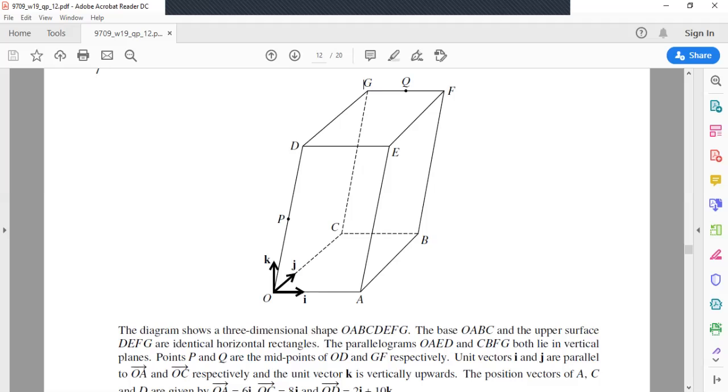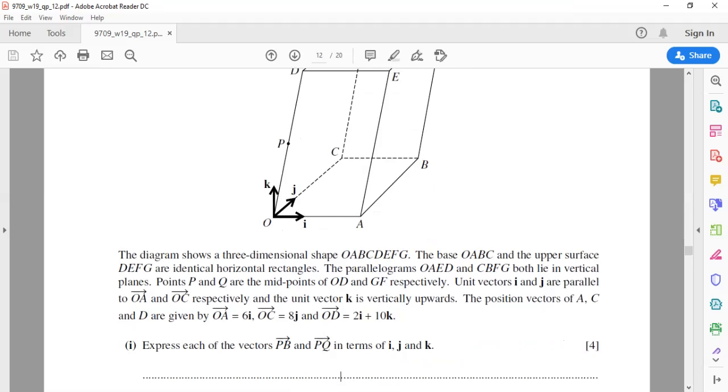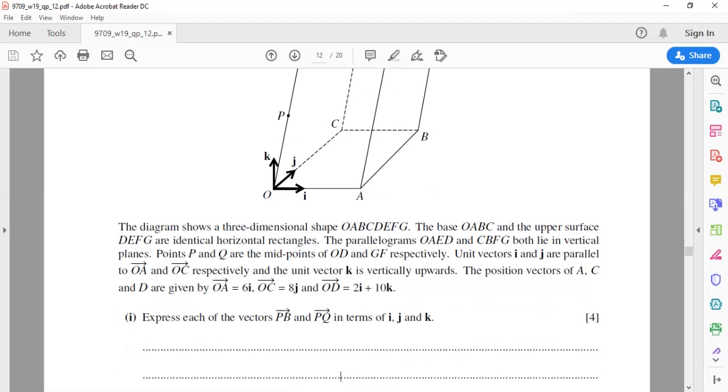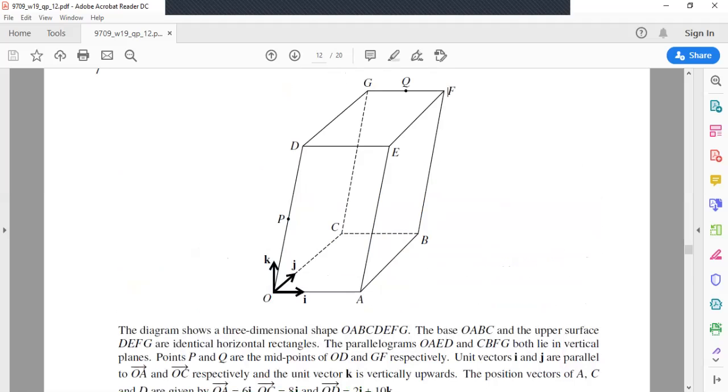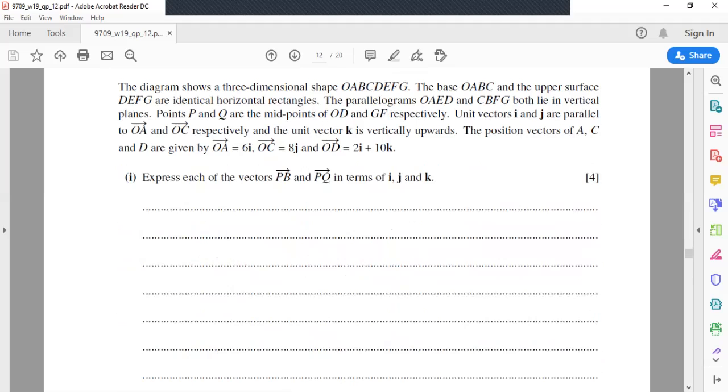So if you see PB, we are actually looking for the path from here till there. We have a path PO plus OA plus AB. And similarly for PQ, we have a path PD, DG and GQ.